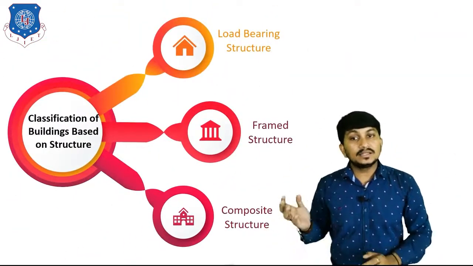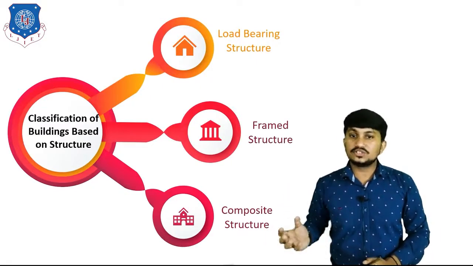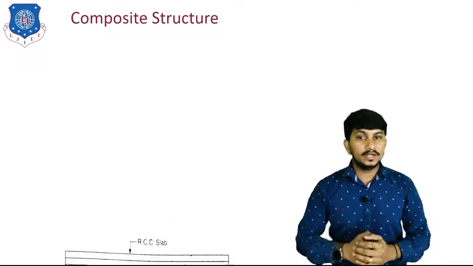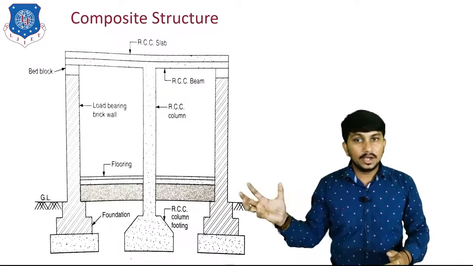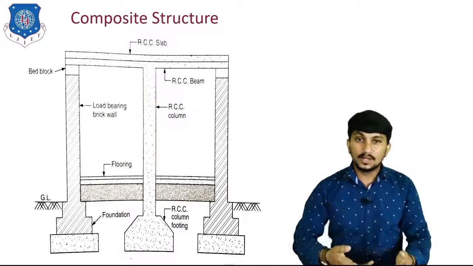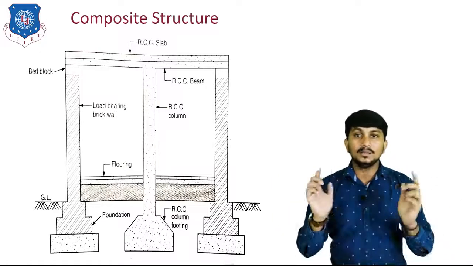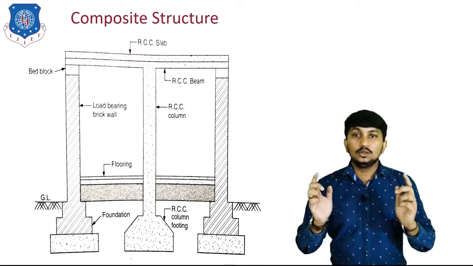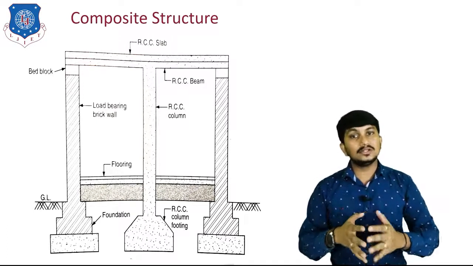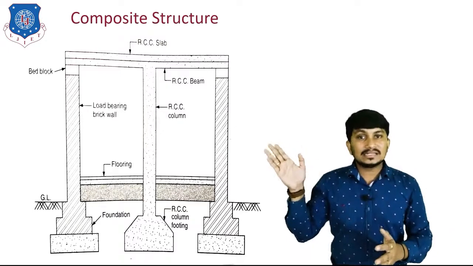Now we will move to the third type of building based on structure, which is composite type of building. In this type of building, you can clearly see in this figure, the load is transmitted by load-bearing walls as well as columns. The outer territory of the building is load-bearing walls, while the intermediate component which is used as a load-bearing component is this RCC column.